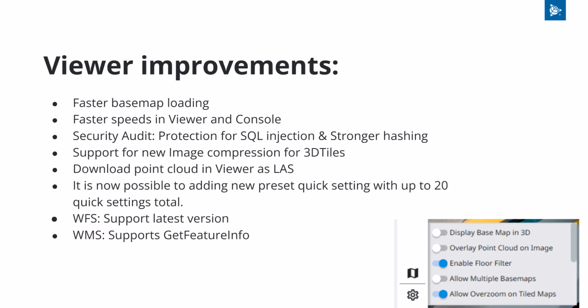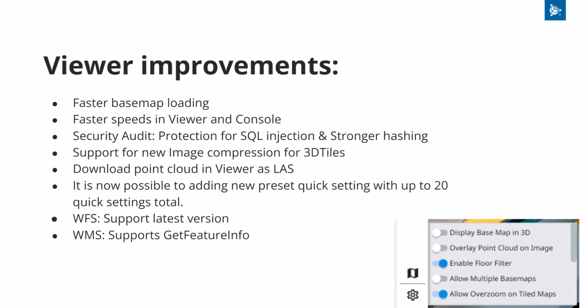Security audit: protection against SQL injection and stronger hashing. Following the security audit, upgrades to the defenses have been done to prevent unauthorized access and improve encryption of the information.